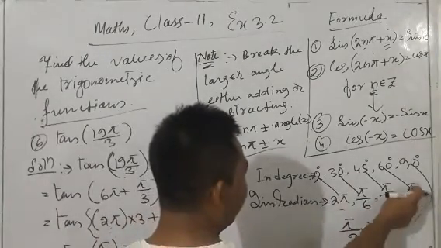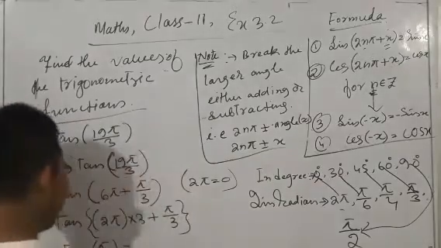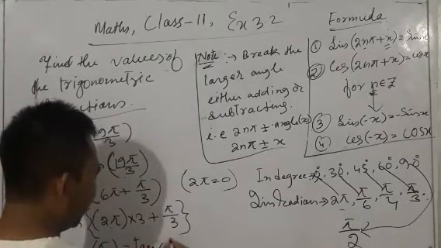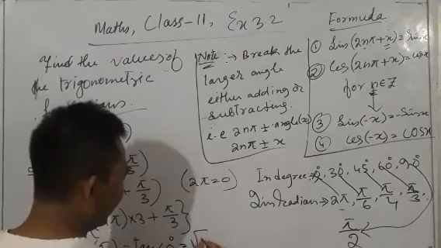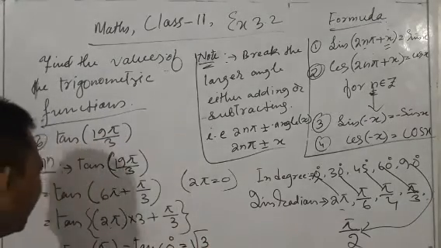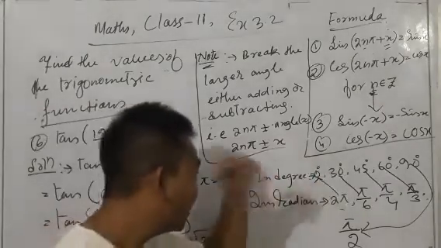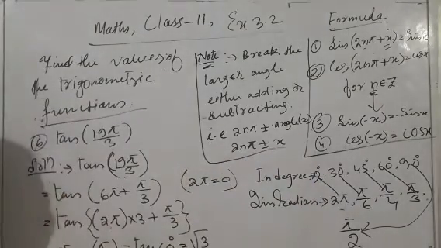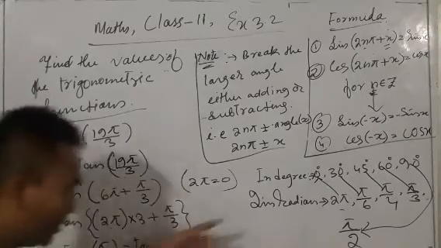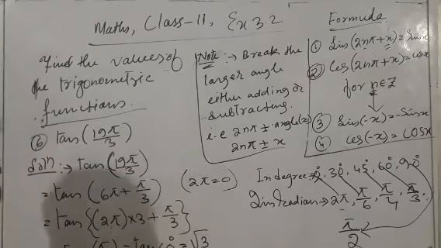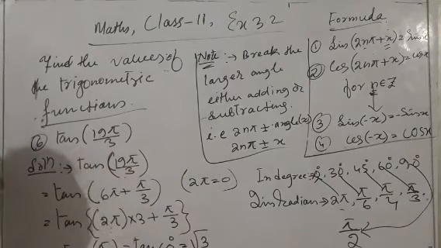Pi by 3 is 60 degrees. Tan 60 degrees equals root 3. By mistake I was thinking of 30, but pi by 3 is not equal to 30. Pi by 3 is equal to 60 degrees. Okay, fine.